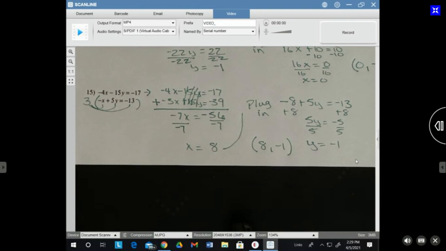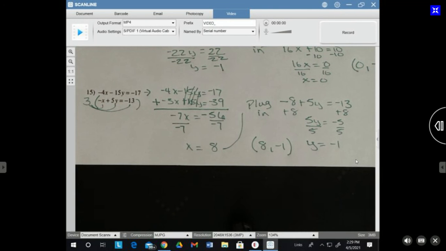Start on your page 2. Domain is your X. Range is your Y. But we're going to talk about that tomorrow, guys. Turn to page 2 and work on the problems that we worked on today.